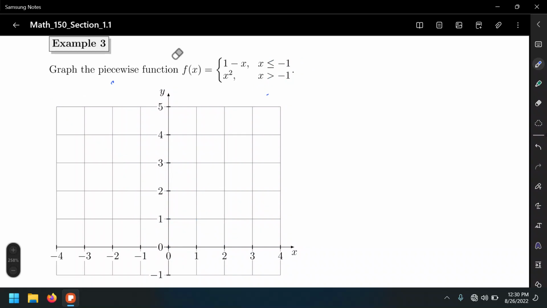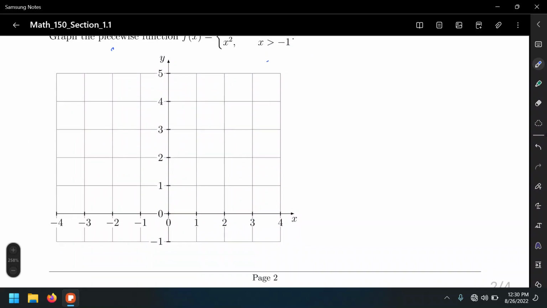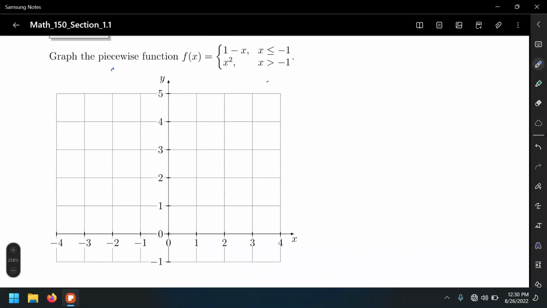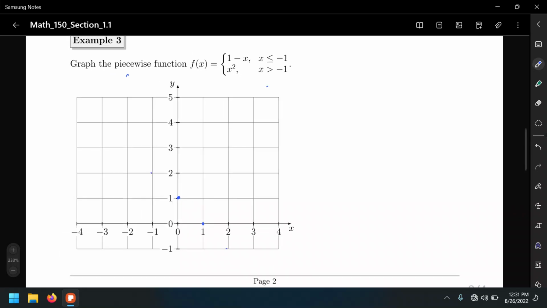Typically a table works, or for the linear equation, let's do the rise over run. The y-intercept is 1, and the rise over the run is 1 and -1, 1 and -1. All right, this would be the equation of the line.